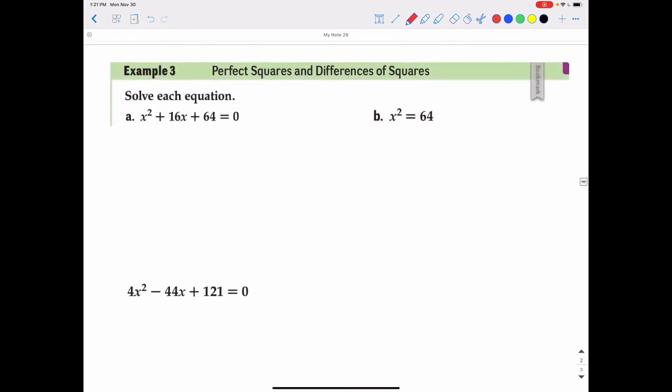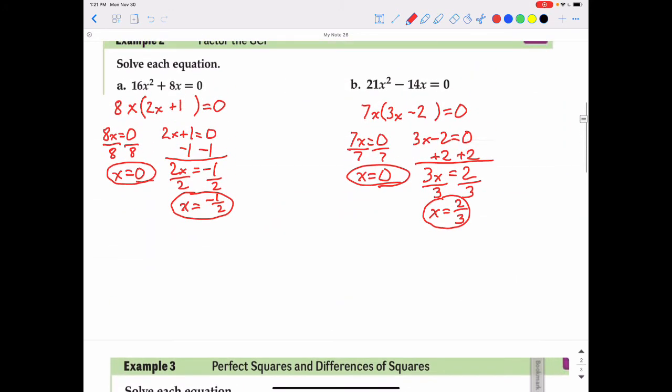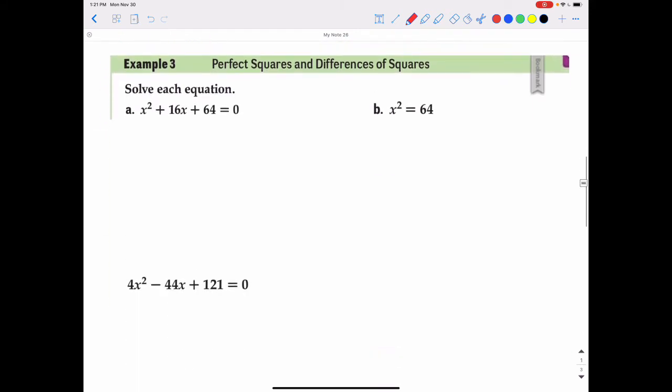Here's some more. Solve each equation. This one is x squared plus 16x plus 64 equals 0. So it is already set equal to 0. It is a quadratic equation, so it is ready to be factored. This one's a little bit different than what we did up here, because on those we could factor out by distributive property, but you can't factor out by distributive property on part A because not all three terms have an x.